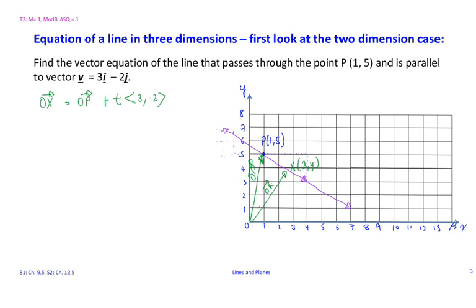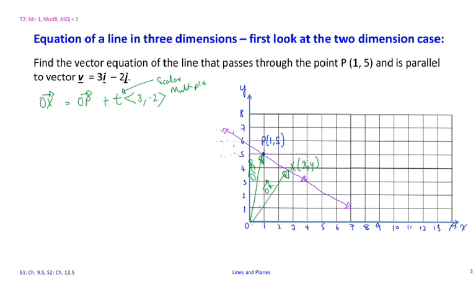So the tip of that vector is tracing the line. That's a scalar multiple. It could be a half.